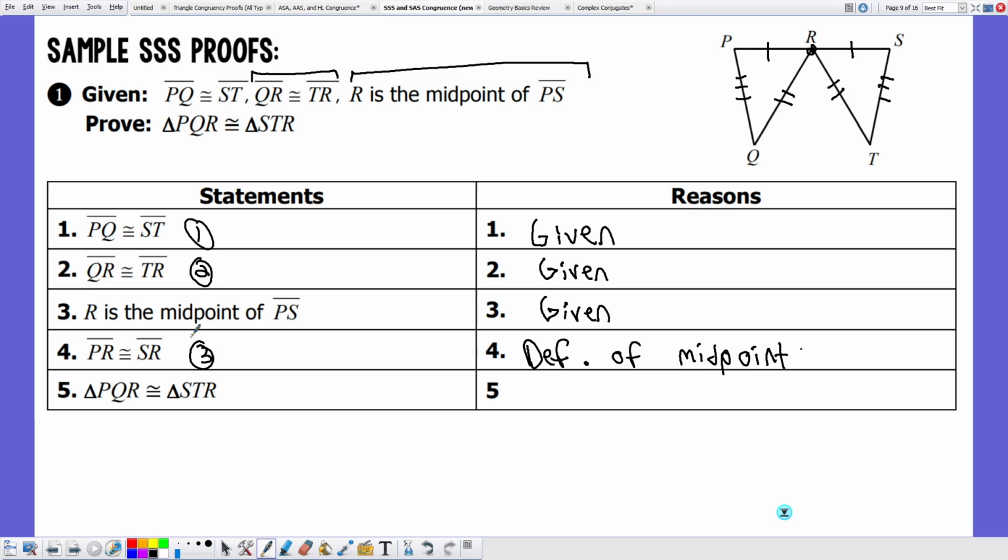Therefore, triangle PQR is congruent to triangle STR by side-side-side congruence. And as we can see, these proofs are not the most complicated things in the world. We just have to maintain good logic when we're writing out our explanations.